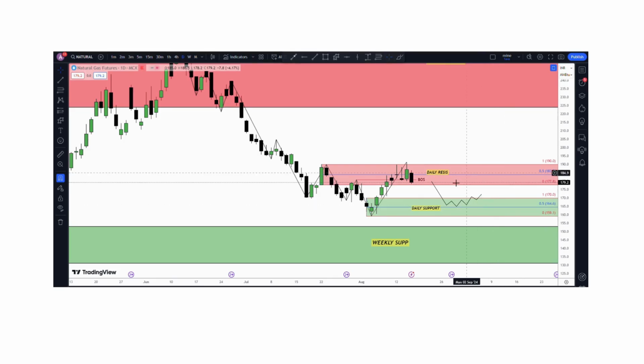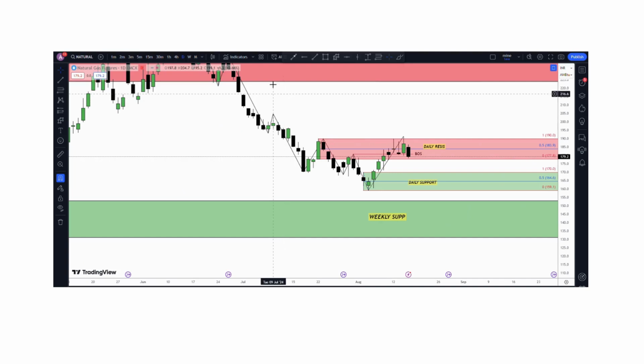Get it? So your risk to reward is going to be much better if you try to go long over here. This is a good place to take a short trade because you are near your resistance level. The counter is on a weekly basis on a downtrend. On a daily time frame, price tried to go up, tried to make a high, but it's again closed down below this level.